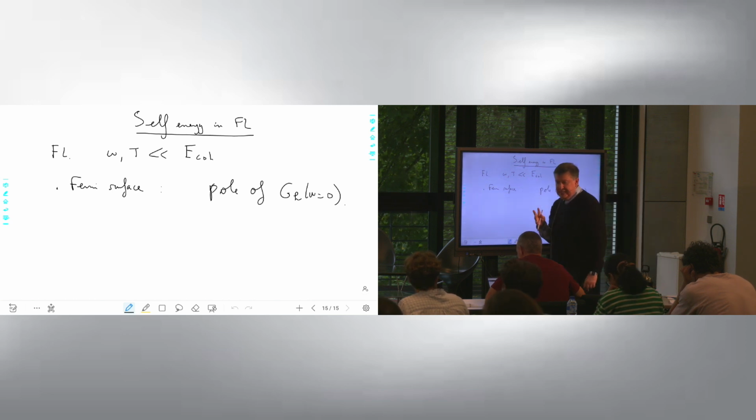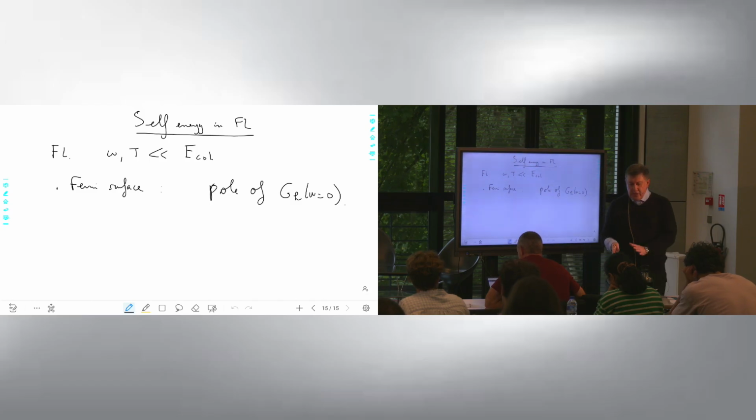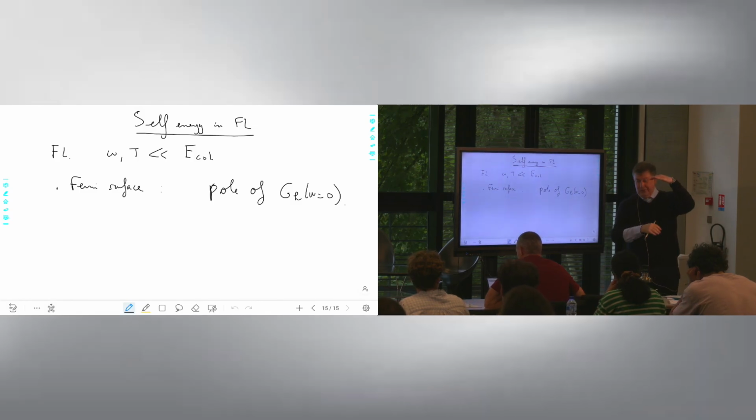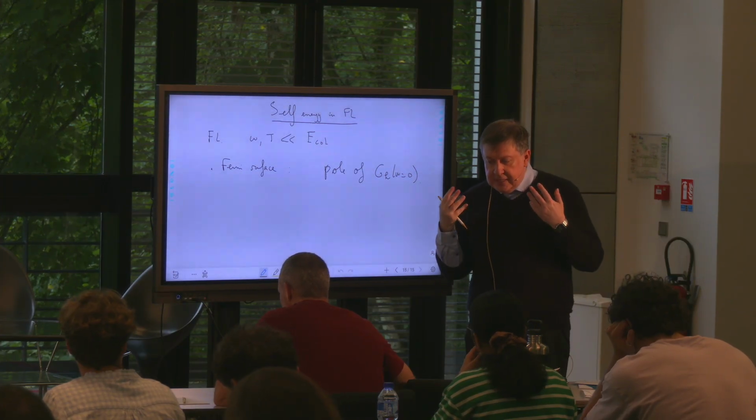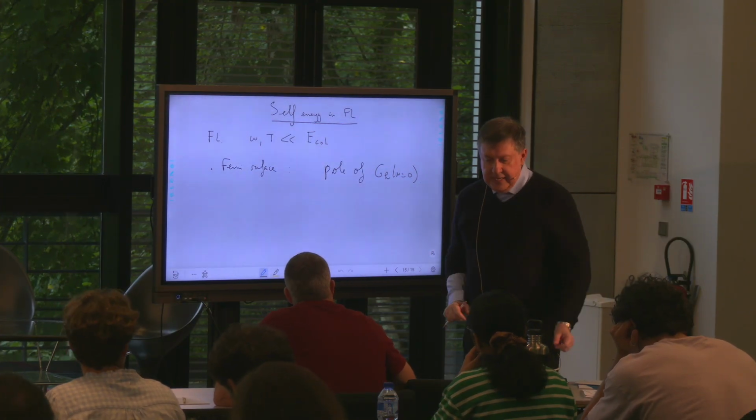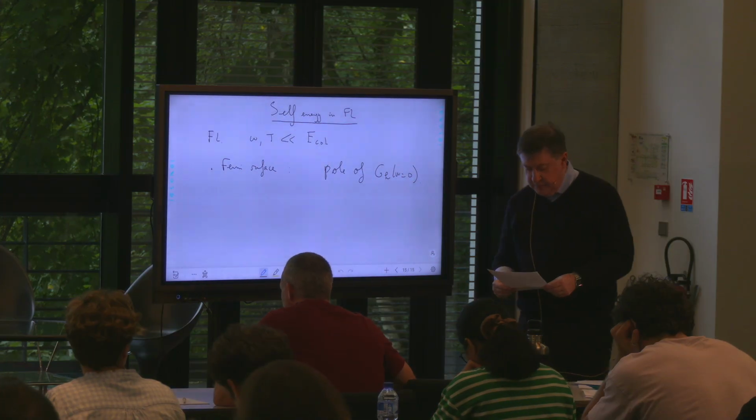But in an interacting system, it's not true. This picture is completely wrong. Your many-body state is not a product of one-body states far from the Fermi surface. It is asymptotically close to it if you look at its properties close to the Fermi surface, otherwise it's not. So we need a definition that is not the same as for independent electron systems.